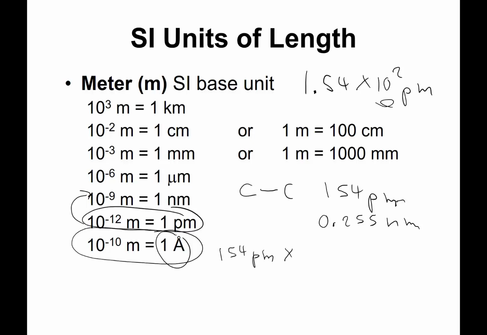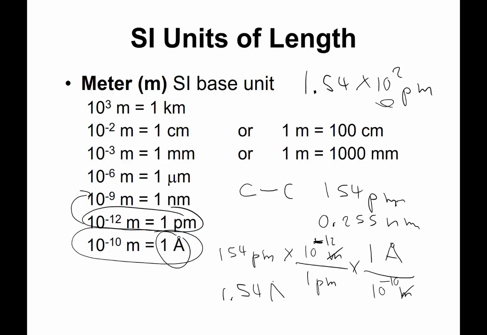So I'll use this conversion factor to go to meters, times 10 to the minus 12 meters divided by 1 picometer, and then I'll put the angstrom in there, times 1 angstrom divided by 10 to the minus 10 meters, which cancels the meters, and then I get 1.54 angstroms. And so you will see this when you see bond distances later on in some of the later chapters.